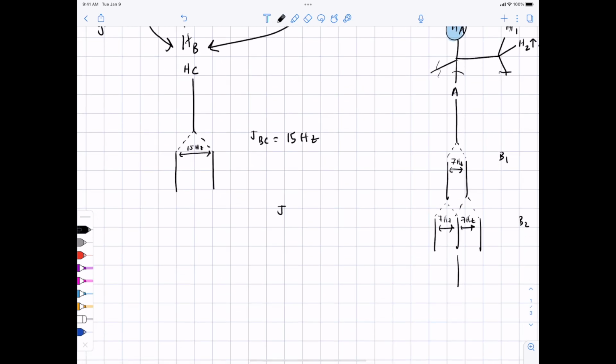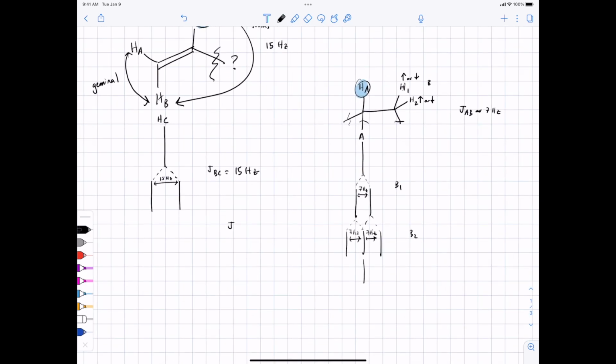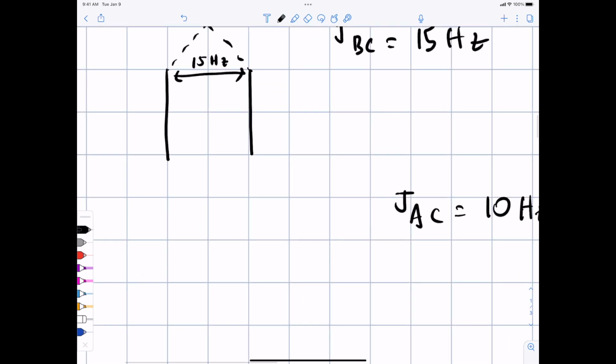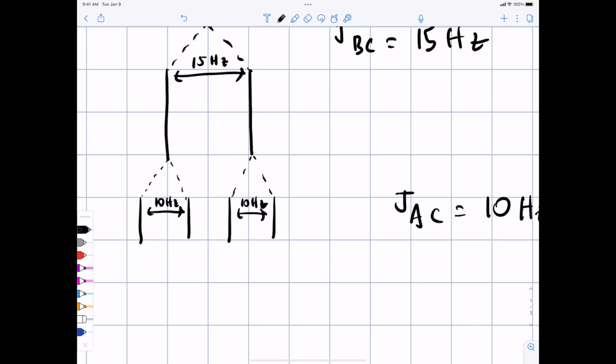Then let's turn on the coupling constant between A and C, which I told you was around 10 hertz. Okay, so that should be somewhere like this maybe. Now notice, because that second coupling constant is 10 hertz and not 15 hertz, the central peaks don't overlap.